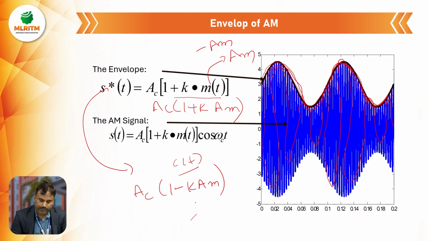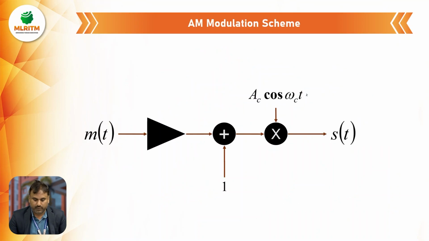This is the minimum amplitude of the modulated signal, and the other is the maximum amplitude of the modulated signal. This is the envelope of AM and how the carrier is carrying the AM signal. Here you can see how we are getting this signal.